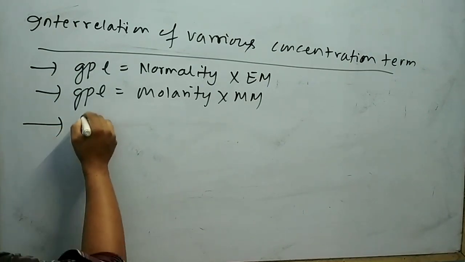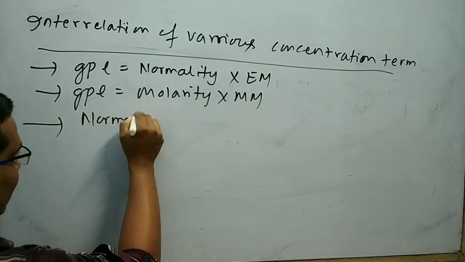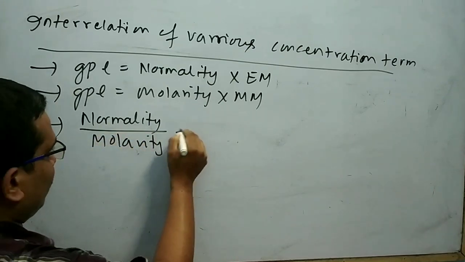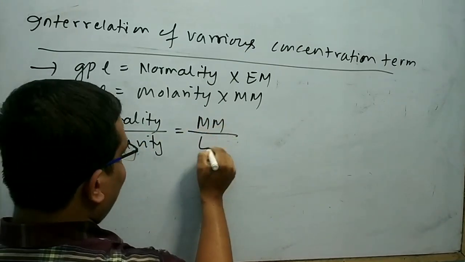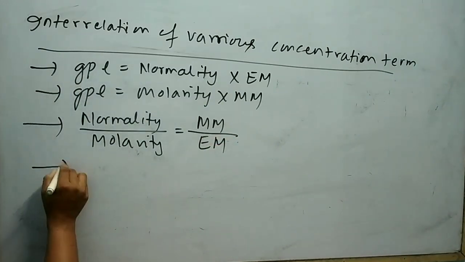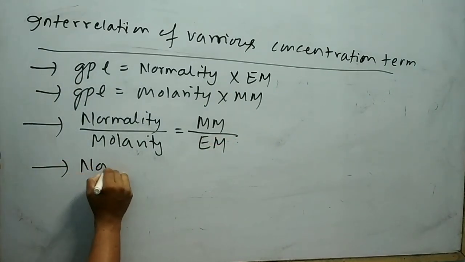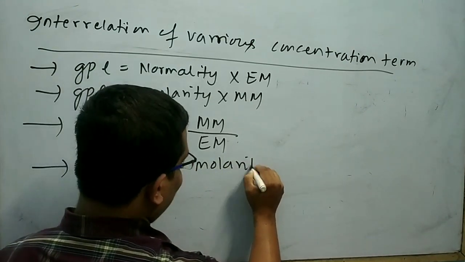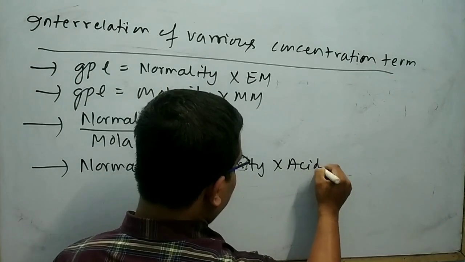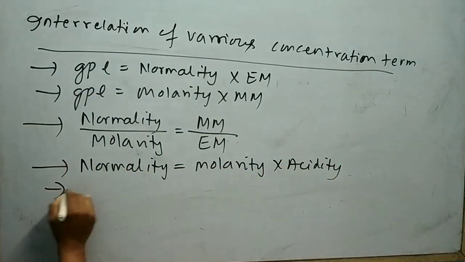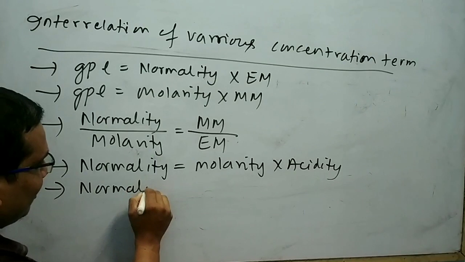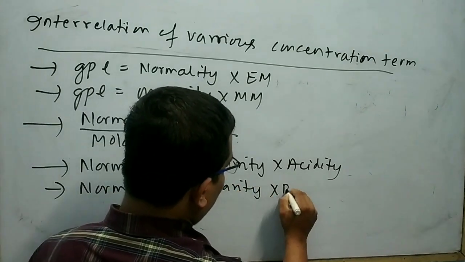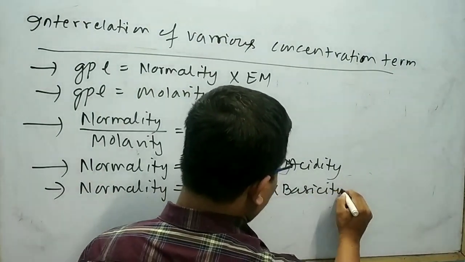Next is your normality by molarity equal to molecular mass by equivalent mass. Next is your normality equal to molarity into acidity. Next is your normality equal to molarity into basicity.